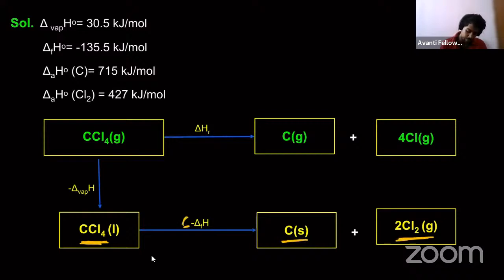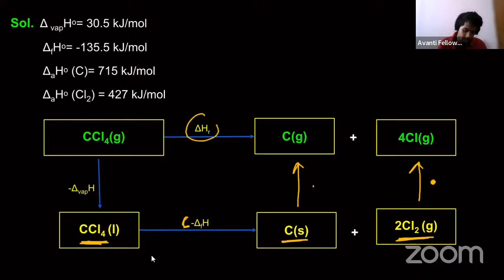That's why again I'm using minus here. Now, after these standard substances are formed, I'm going to atomize carbon solid into carbon gas and chlorine gas into chlorine atoms, from molecule to atoms. This energy is nothing but atomization energy of carbon, and this energy is nothing but atomization energy of chlorine.